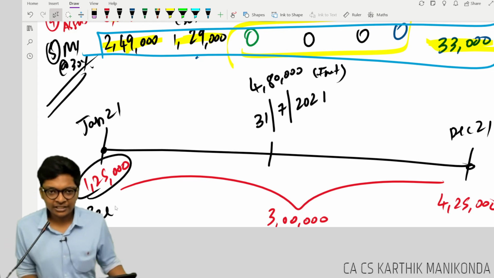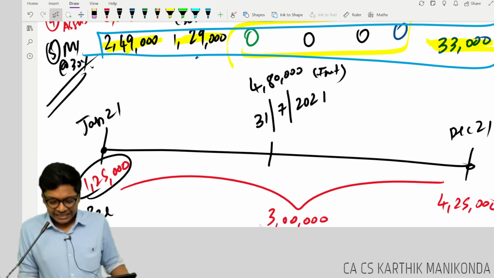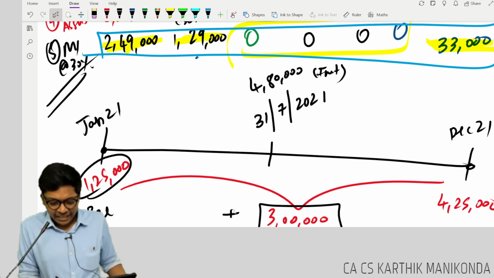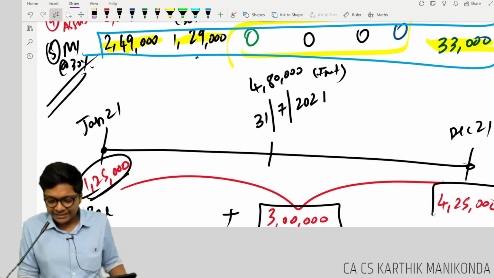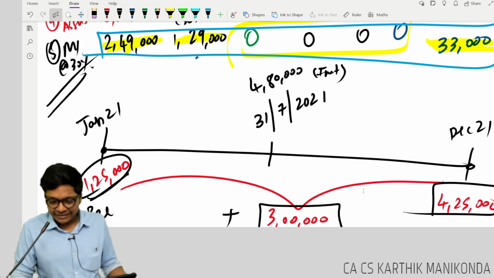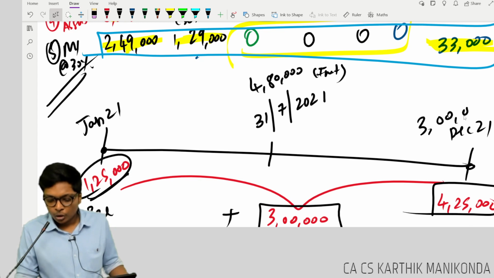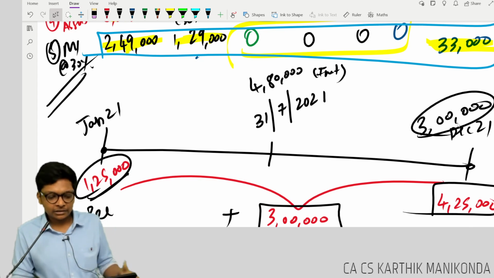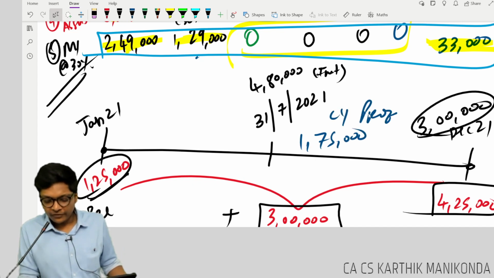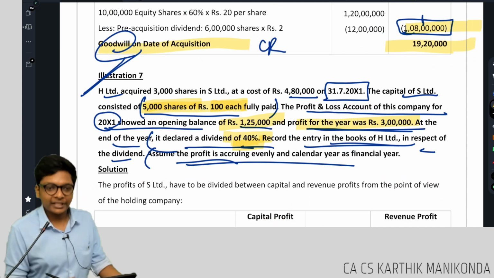Now the interpretation, after Rajaram's doubt, is whether 3 lakhs was earned during the year, so 3 lakh plus 1,25,000 closing is 425. Or like he's saying, 3 lakh is my closing balance, so profit for the year will be 1,75,000. It depends on how you read the question.